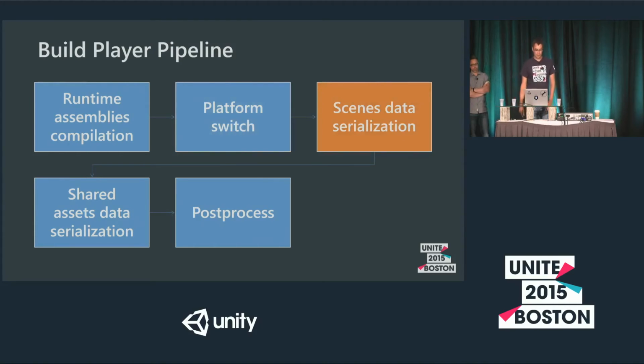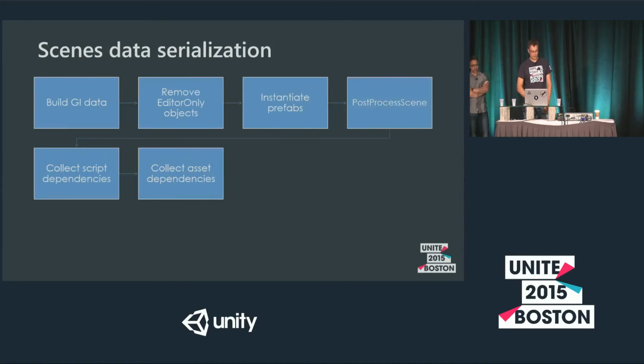Okay, once scripts are ready and data is ready, we can actually serialize our data. First of all, we serialize scene data. This stage has some details. For every scene, we iteratively build GI data. We remove all editor-only objects, along with other objects which are marked with such a tag.